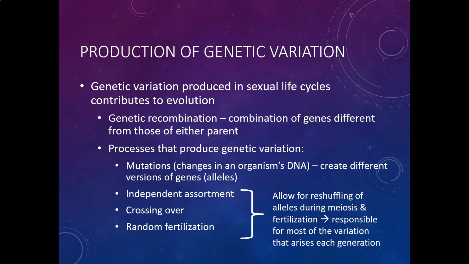So either random in the sense that it's a lottery chance which egg and which sperm get fertilized. It's also random fertilization if we have random mating. And so different mating choices and all of that kind of stuff is also random, at least to some level, when we talk about who mates with who, in addition to which of their cells gets fertilized with which of their mate's cells.